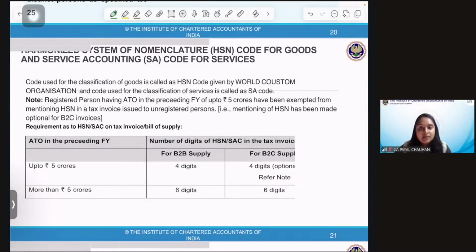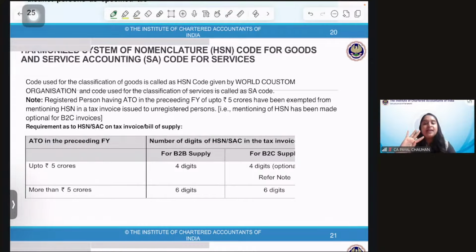Usually mentioning of 6 digit HSN code is required, but we have two conditions. My aggregate turnover in the preceding financial year was 5 crore, and I'm making a B2C supply. 4 digit, that too optional.